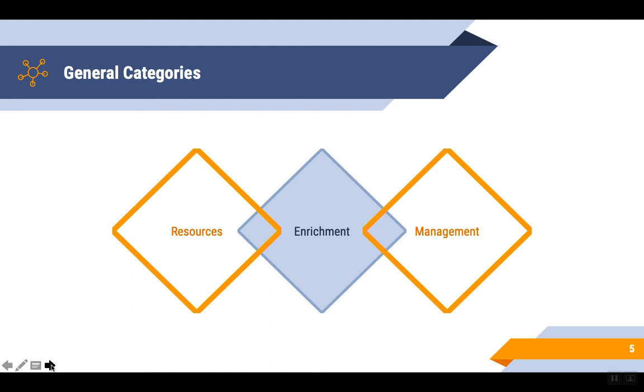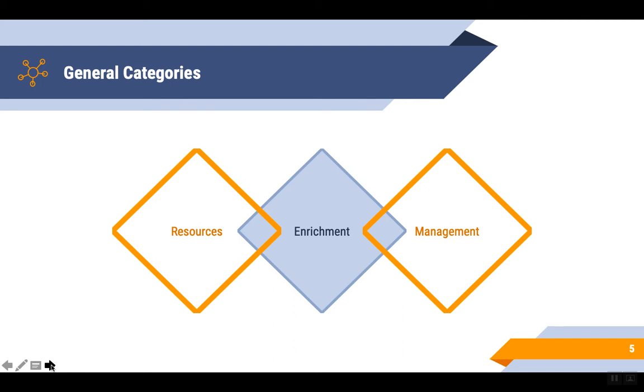So go ahead and take a second, and as a group, divide yourself up into 3 groups, and decide who will explore the resources, who will explore the enrichment, and who will explore the management. You're going to use the description box below this YouTube video to find your timestamps.